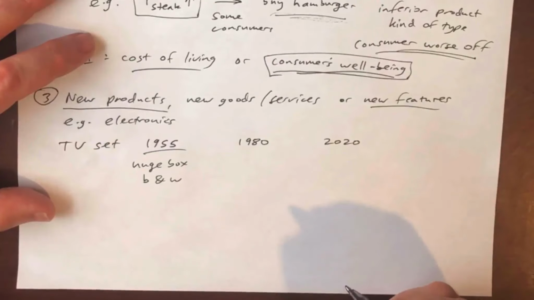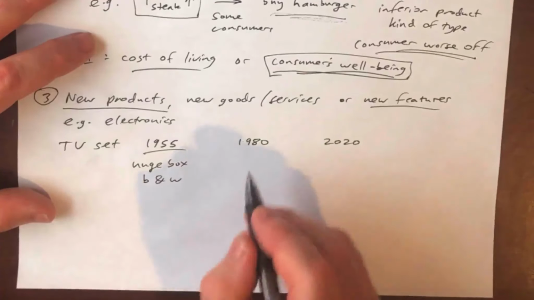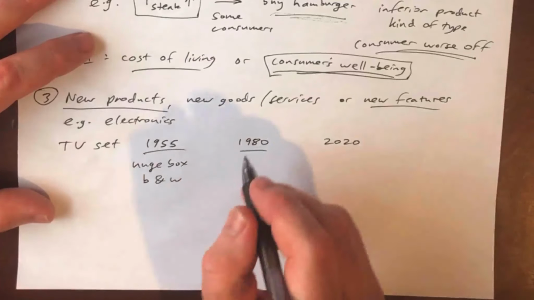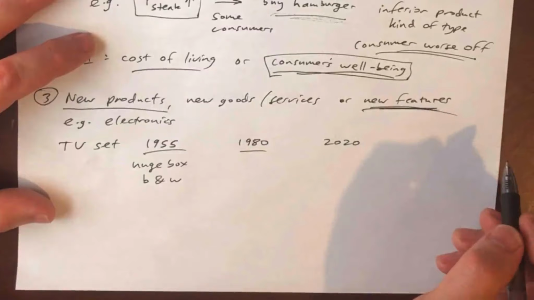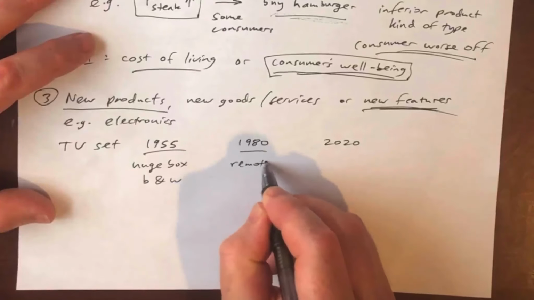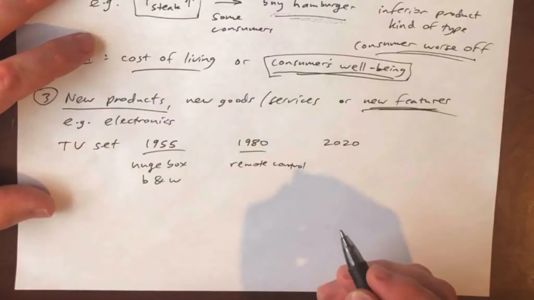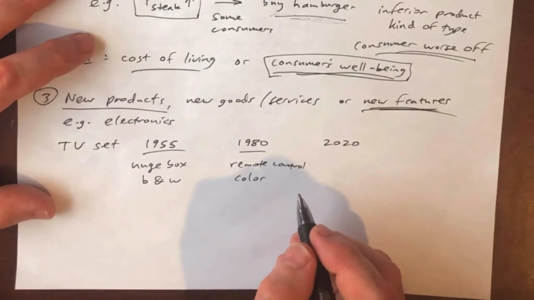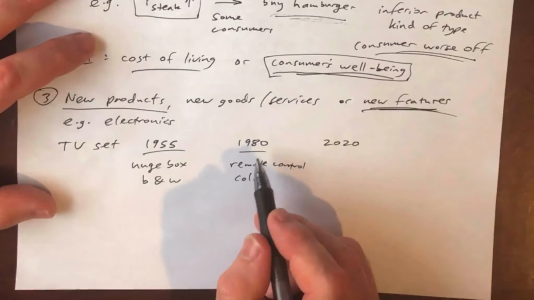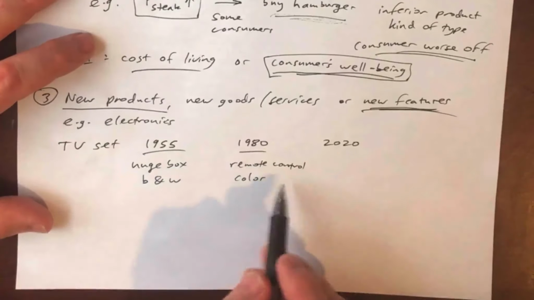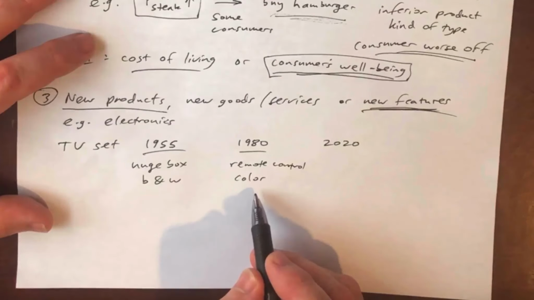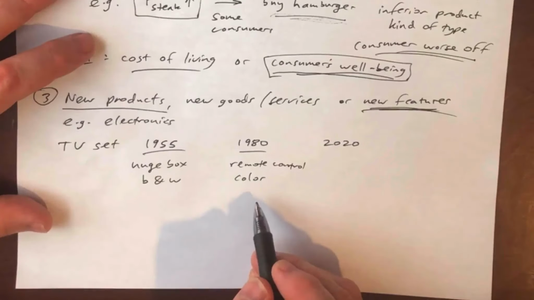The TV set in 1980 had a whole bunch of new features, right? That's the thing that's going on here. You had the remote control. Wow, what an amazing new thing! You had color instead of black and white. Fantastic. This is a different product, even though it does basically the same thing. They're both TV sets. This one is a better product, right? It has new features which make the consumer happier. They make the consumer better off.